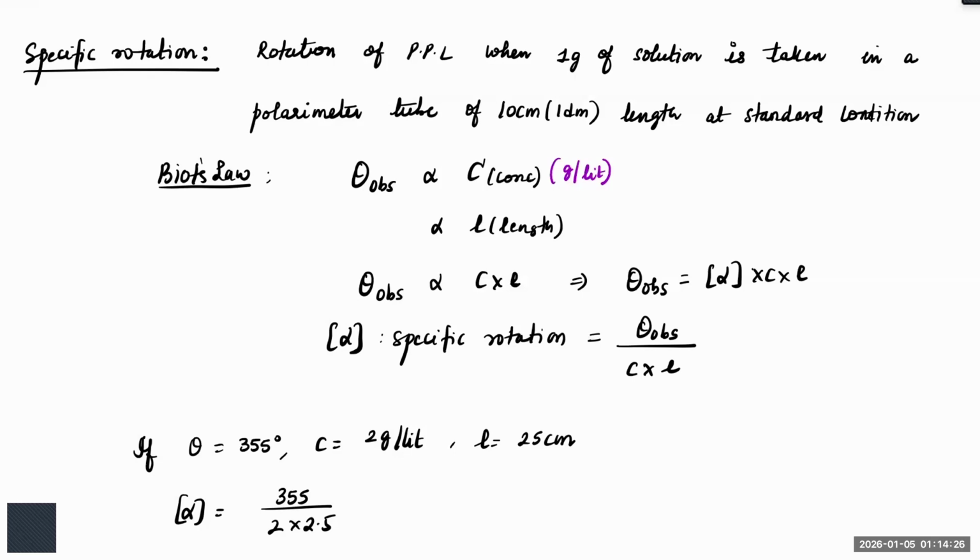Clear? So let's say I took 1 gram per liter here, that will become the concentration. Next, what is the length? Length is normally measured in decimeter. So if you have a longer length of the tube, then the theta will always be directly proportional to that length. So theta observed is proportional to concentration and the length. And theta observed is equal to some constant into concentration into length.